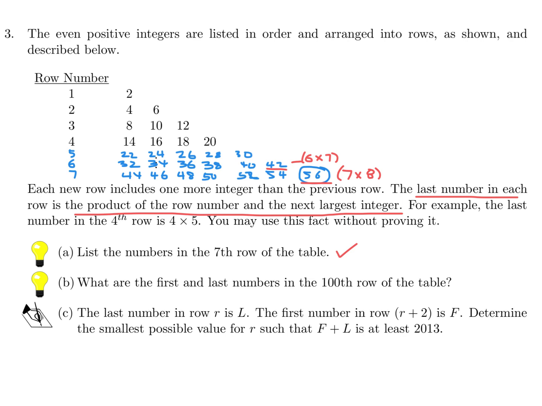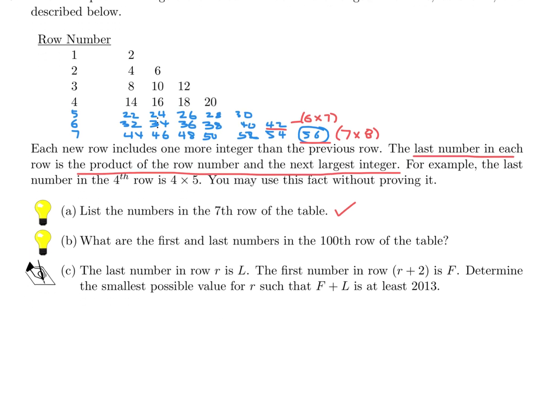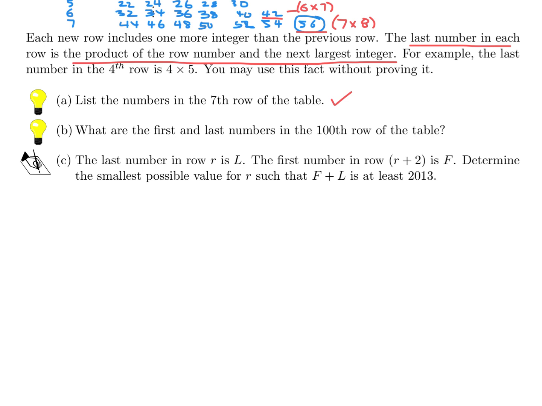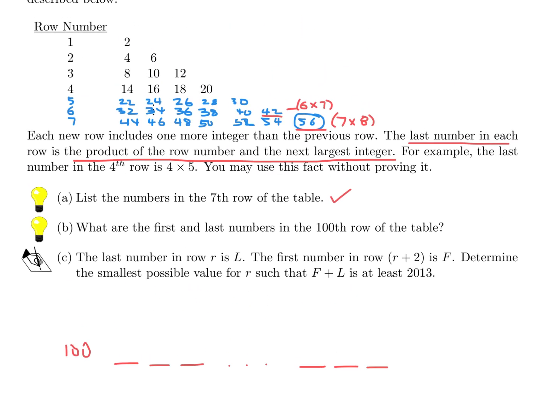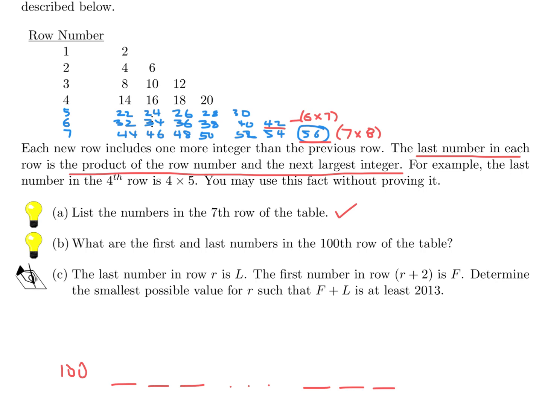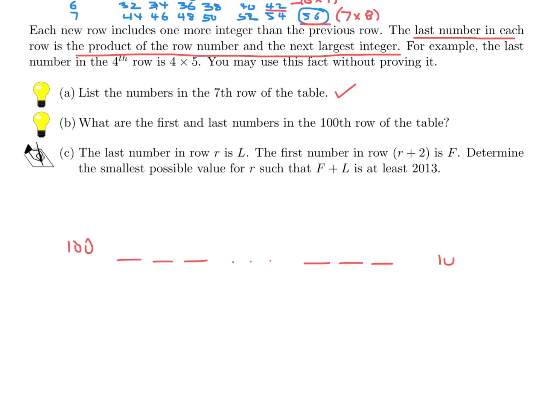What are the first and last numbers in the 100th row? Okay, so now we have to do a little bit of extrapolation here. The 100th row obviously is going to have a whole bunch of numbers, right? In the first row, there's 1. In the second row, there's 2. In the third row, there's 3, and so on. So in the 100th row, there's going to be 100 numbers. But they don't want all of them.